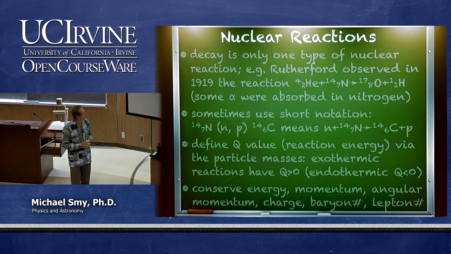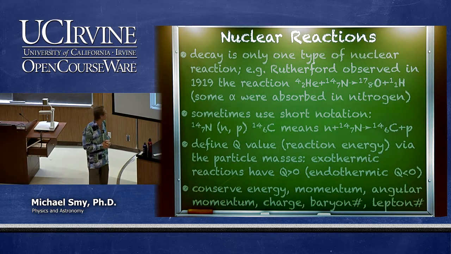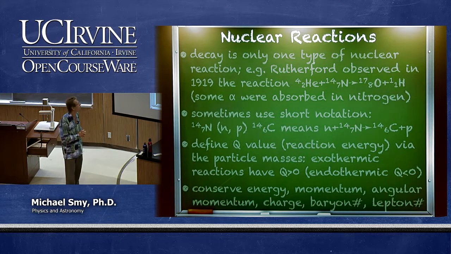And sometimes one uses short notation, like for the other nuclear reaction that we already encountered, where carbon-14 is produced in the atmosphere out of nitrogen-14. And so this notation just means the same thing as neutron plus nitrogen gives carbon plus proton.